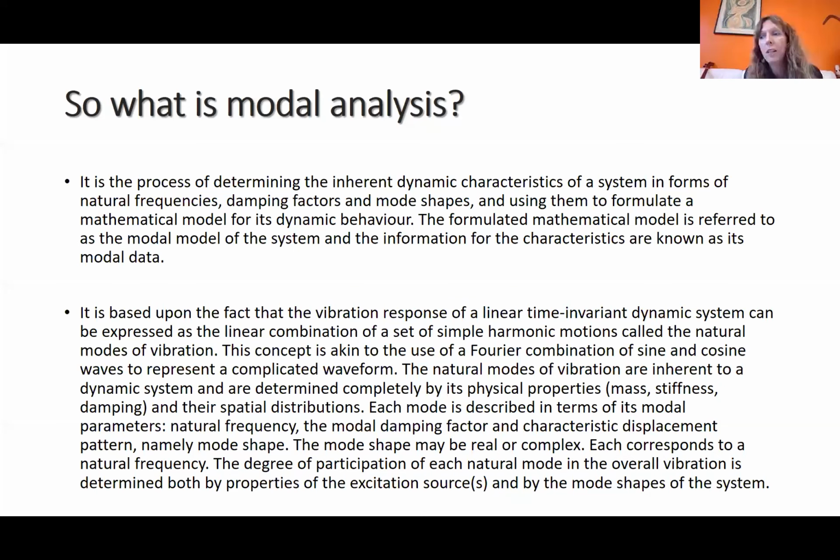Each mode is described in terms of its modal parameters: natural frequency, modal damping factor, and mode shape. The mode shape may be real or complex. Each corresponds to a natural frequency, and the degree of participation of each natural mode in the overall vibration is determined both by properties of the excitation sources and by the mode shapes of the system.